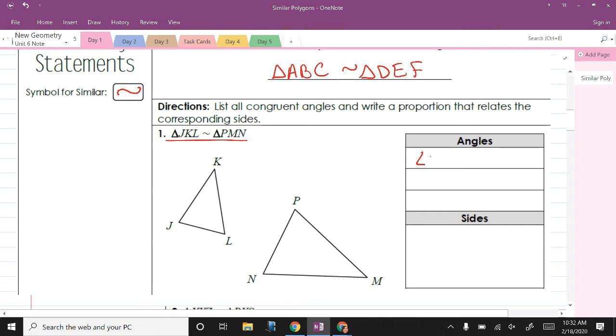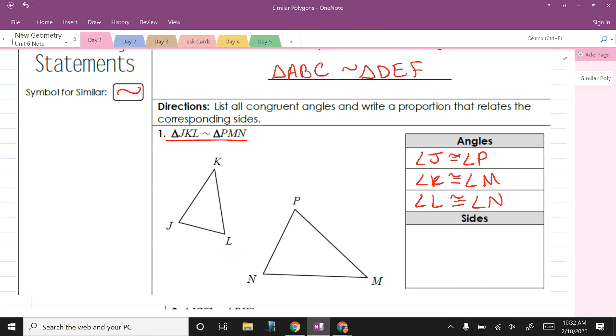So angle J is congruent to what angle? P. Very good. Angle K is congruent to what angle? M. And angle L is congruent to what angle? N. Okay? Corresponding parts are in the same position.